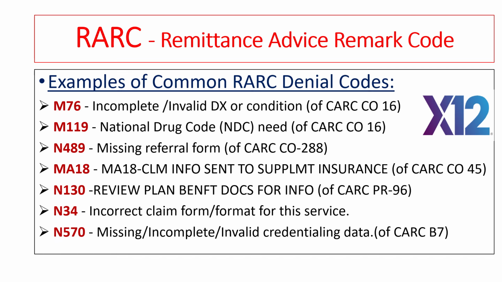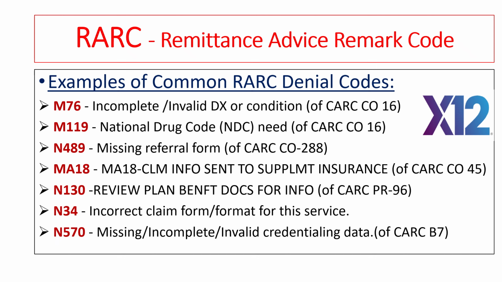We already know the denial code CARC, for example CO16. It tells us that the service lacks information. At that time, if the remark code is not there, we are not sure what information is required to process the claim. What kind of lack of information is it? We don't know.